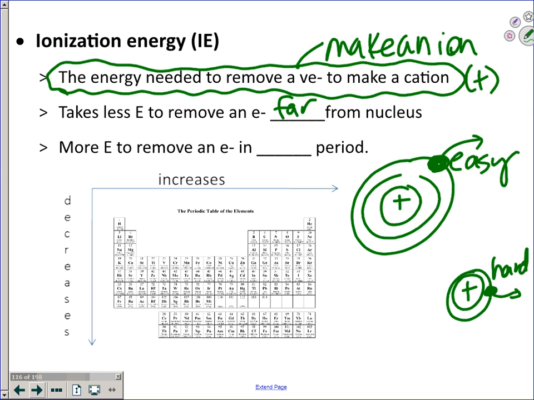And it's harder to take electrons from small atoms. Do you see how that's an inverse relationship? Not a lot of energy for big atoms. So a small amount of energy is required for big atoms. A lot of energy is required if you're going to take it from a small atom.